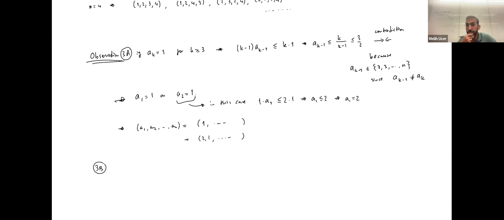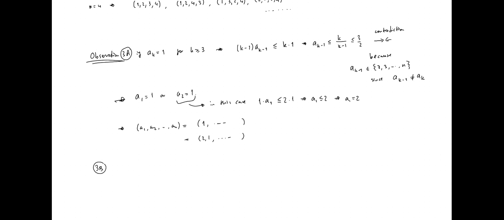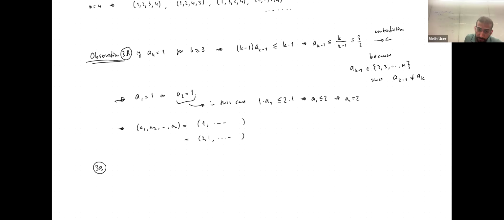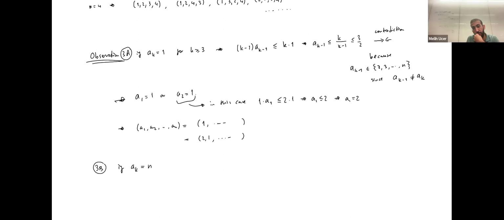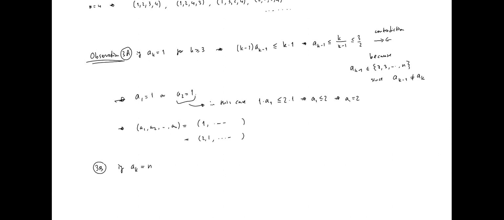If AK equals n, then either k equals n, or k equals n-1 and an equals n-1.